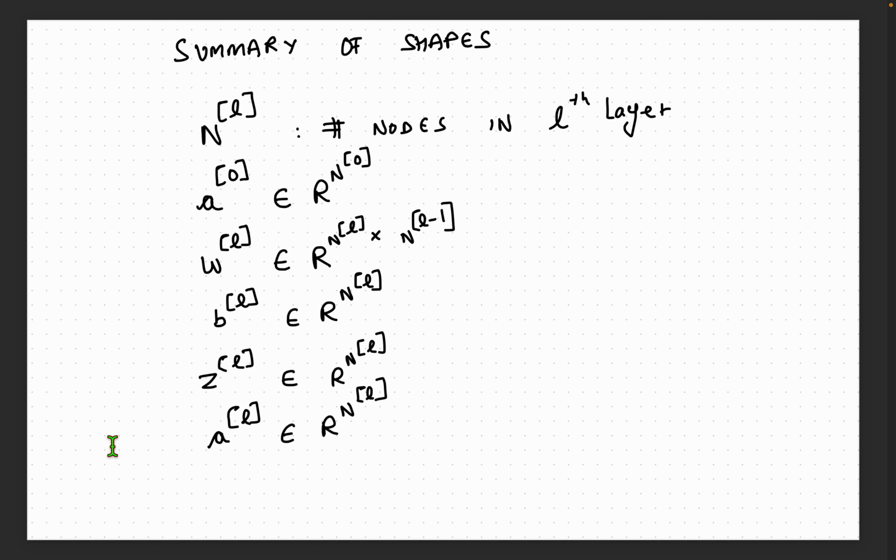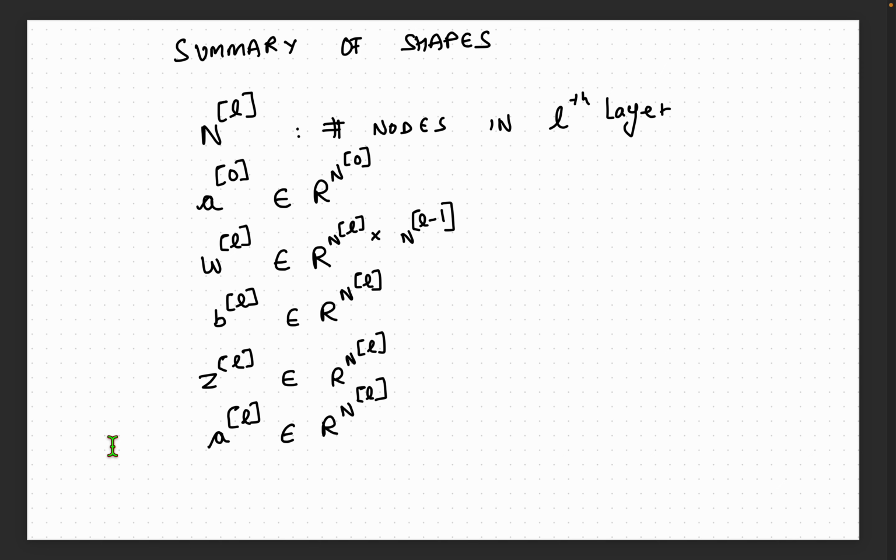As I have said earlier, by convention, we are taking the current layer's weights first and the previous layer's weights last. Then we have bias of size N superscript L. Z will also be of size N superscript L because it is the number of nodes in the current layer. And after applying the activation, it is of the same size because the shape doesn't change.